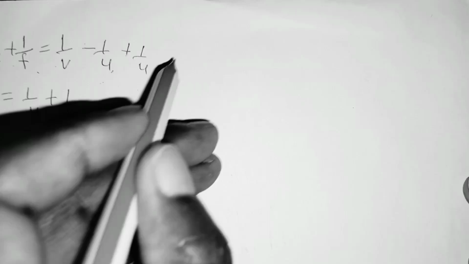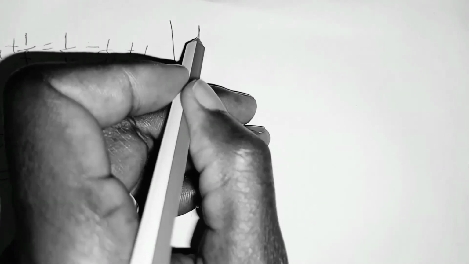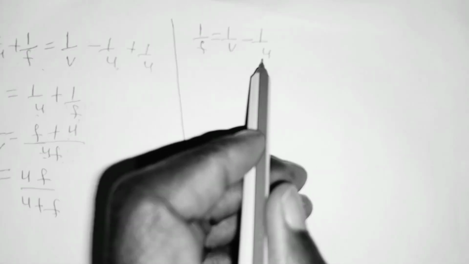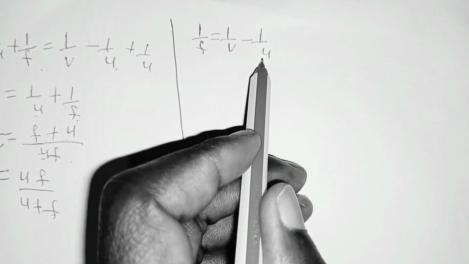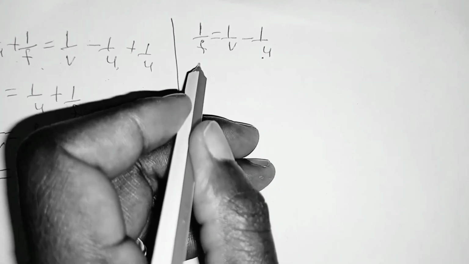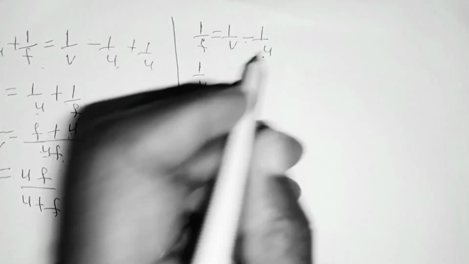So similarly, in case you are required to make U the subject of the formula from 1 over F is equal to 1 over V minus 1 over U, what you do, you take 1 over U to the left hand side so that this negative becomes positive.